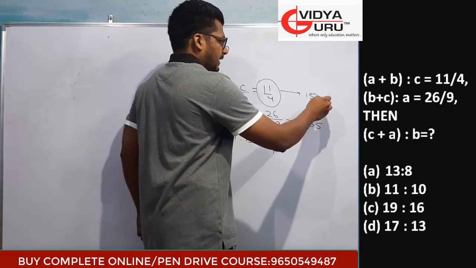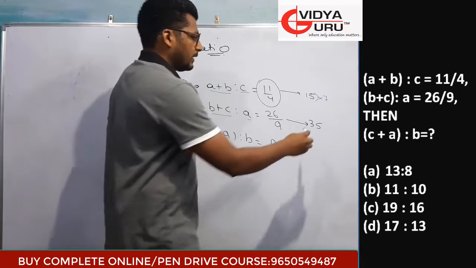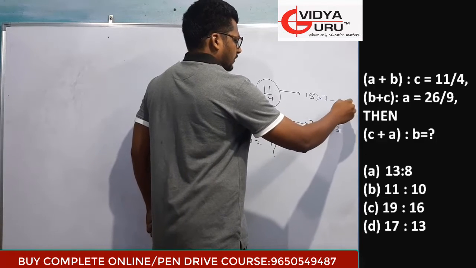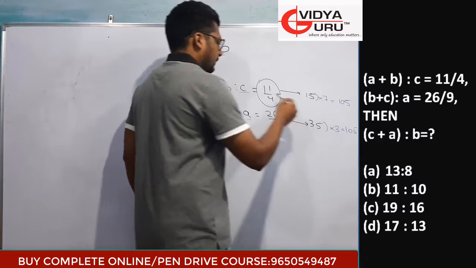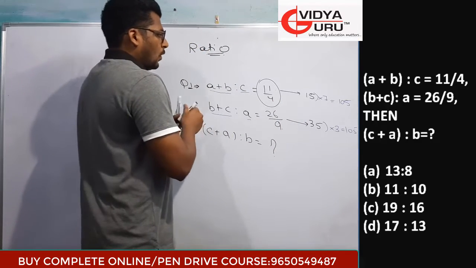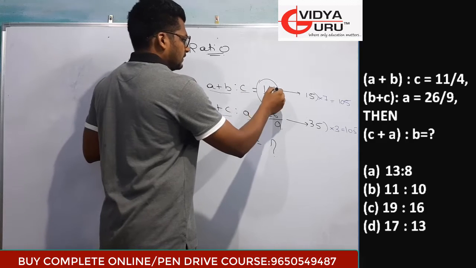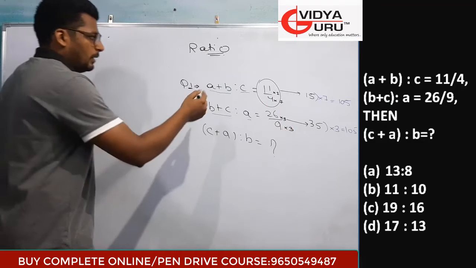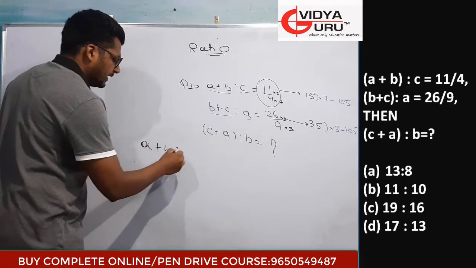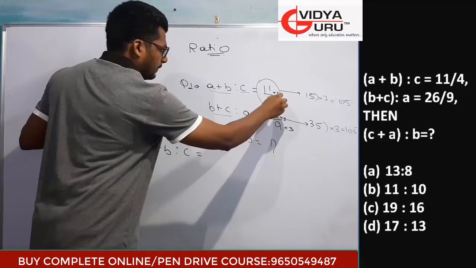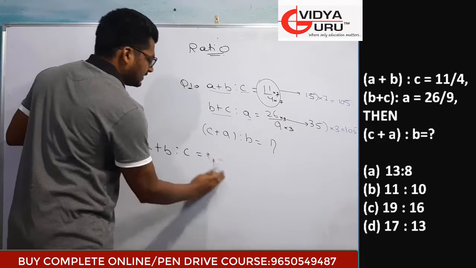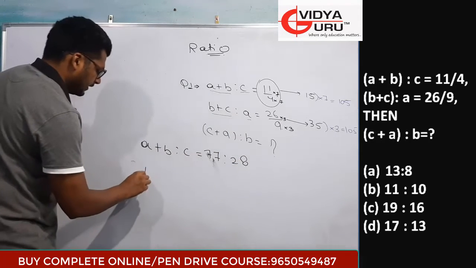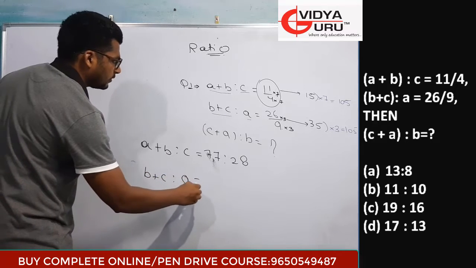That means if I multiply it by 7 and I multiply it by 3, then both will become 105 and 105. That means I have to multiply the ratio by 7 here and 3 here. So what will be A plus B ratio C here? If we multiply it by 7, it will be 77 ratio 28. And what will be B plus C ratio A here?